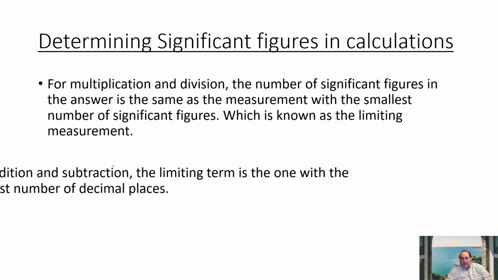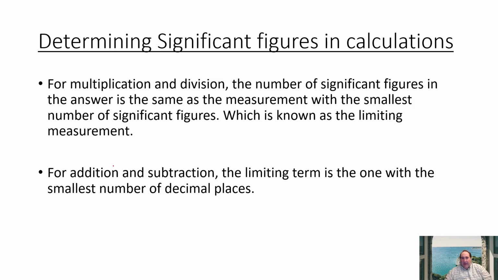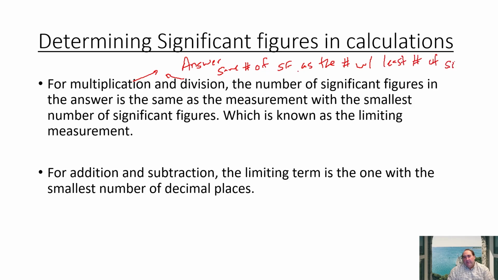All right, so to complete our conversation here about significant figures, let's talk a little bit about it in calculations, which is an important thing. There's really 2 sets of calculations that we do. When we multiply or divide, what we're looking at is the significant figures, and your answer should have the same number of significant figures as the number with the least number of significant figures.